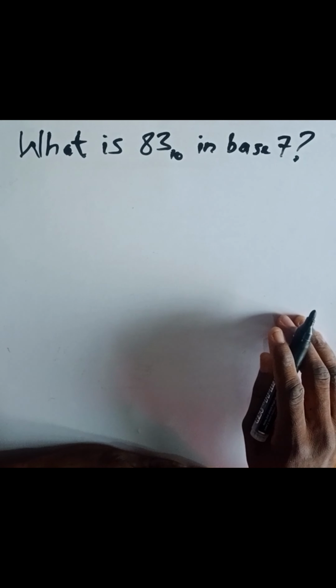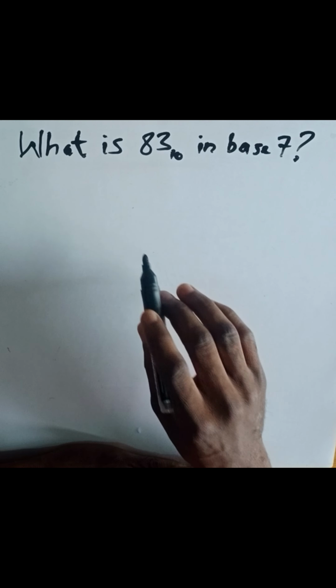Here, the question before us is, what is 83 base 10 in base 7? That is, what will be the value of this 83 base 10 in a number in the base 7 system?